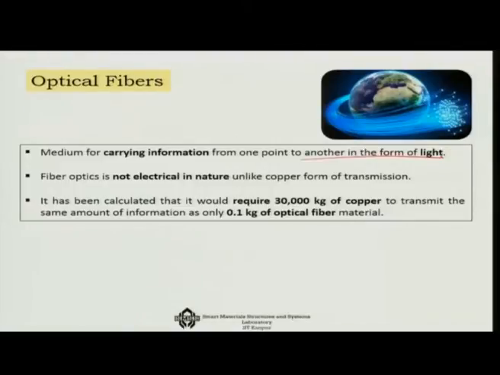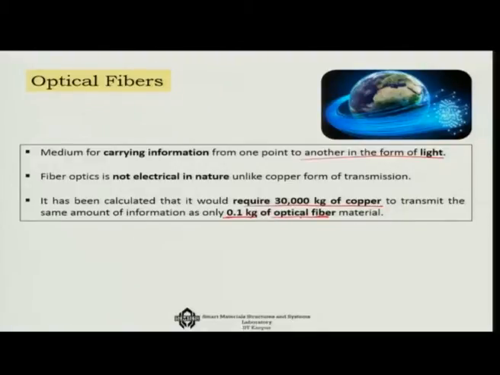It has been calculated that it would require about 30,000 kg of copper to send the same amount of information that can be sent through optical fiber with only 0.1 kg.